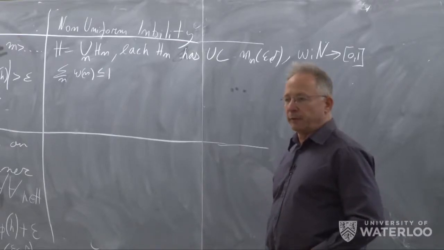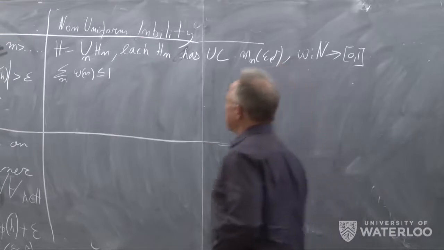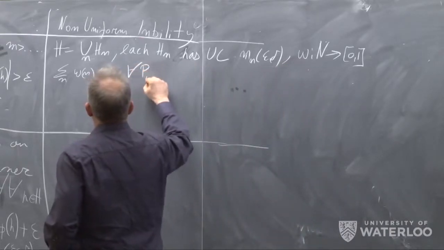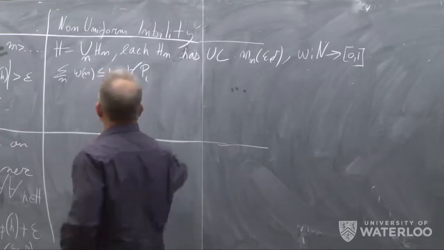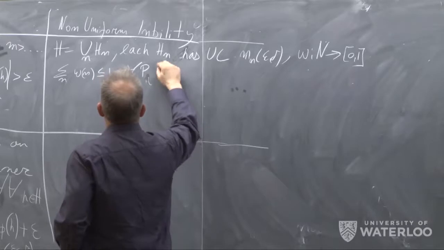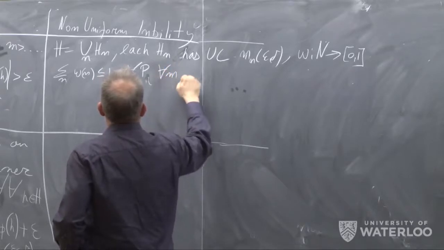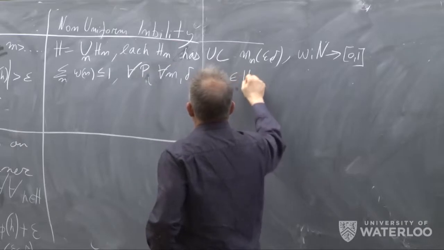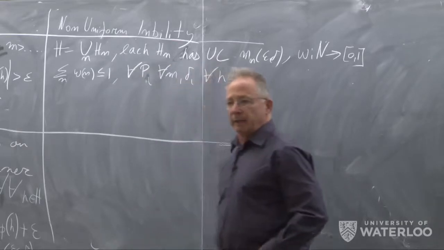Right? And the uniform convergence result that we got here is that for every probability distribution P and every m and every delta and every h in my class H, what did we get?